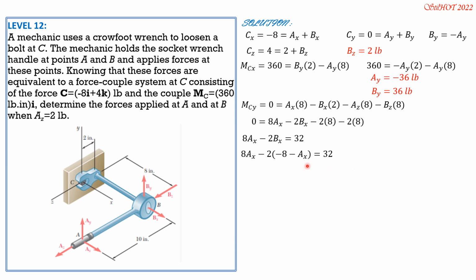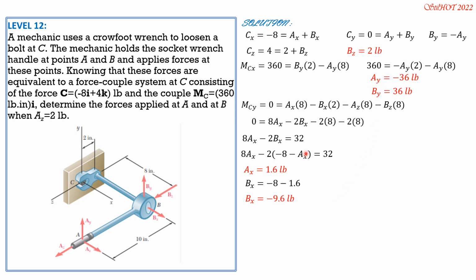So 32 minus 16 is 16. Then 8AX plus 2AX is 10AX. 16 over 10 is 1.6. So AX is 1.6 pounds. Then BX is negative 8 minus 1.6, negative 9.6 pounds. So we now answer the forces.